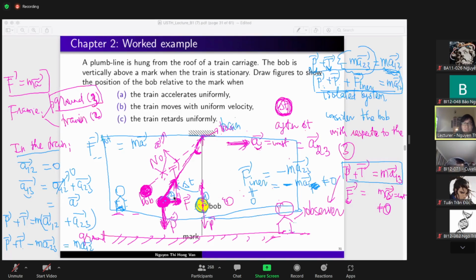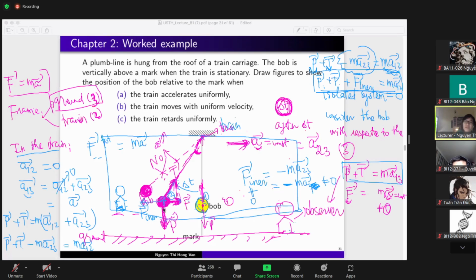In this case, for the blue guy, the bob is at rest, so this one is zero. So we have T here, P here, and you have the inertial force in this direction.